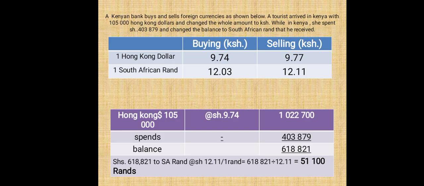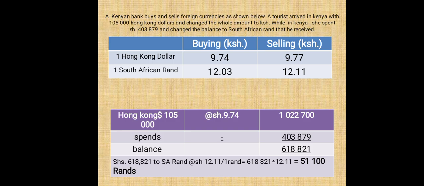Now, for the Hong Kong dollar, the rates Kenya buying, you can see 9.74 and 9.77, and then South African rand 12.03 and 12.11. Now he changed the Hong Kong dollar at a rate of 9.74.